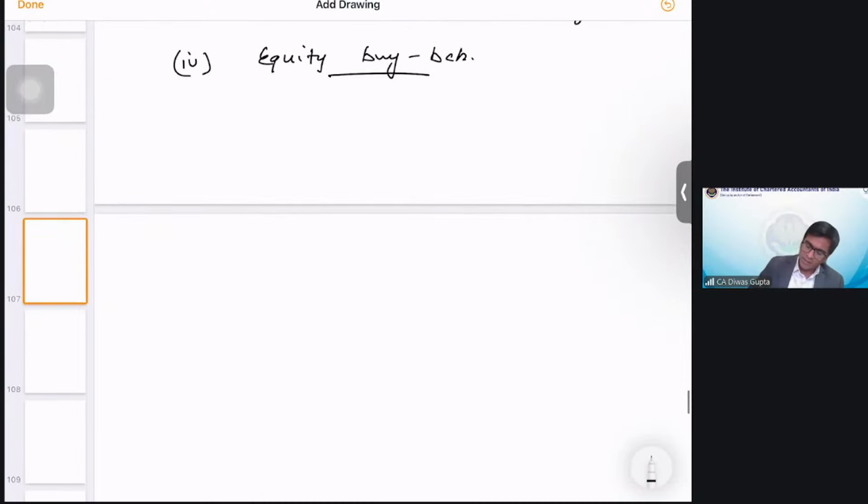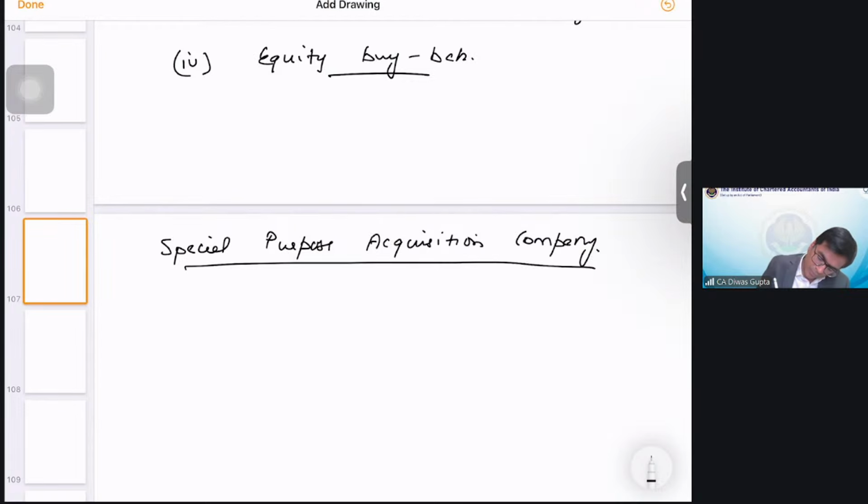Perfect. Then comes special purpose acquisition companies. So these are new forms of companies, SPACs. This is called SPAC, special purpose acquisition company.